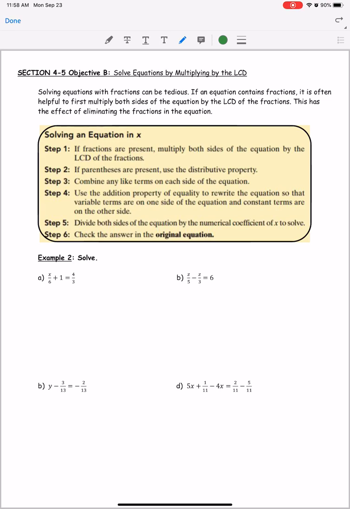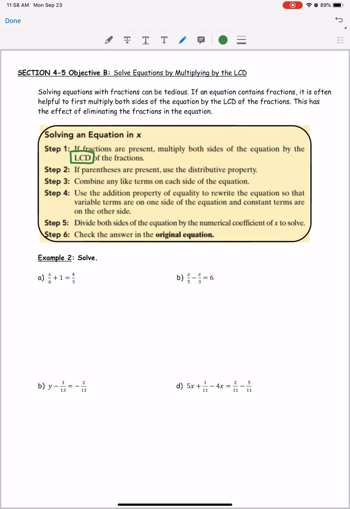This has the effect of eliminating fractions in the equation. So step one, if fractions are present, which, spoiler alert, they're going to be present all today, multiply both sides of the equation by the LCD, and then the rest is the same.